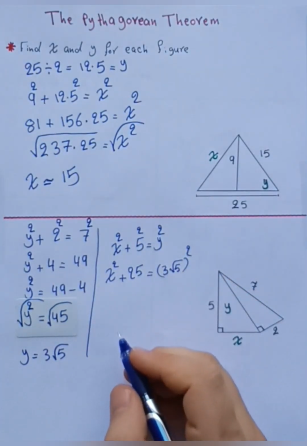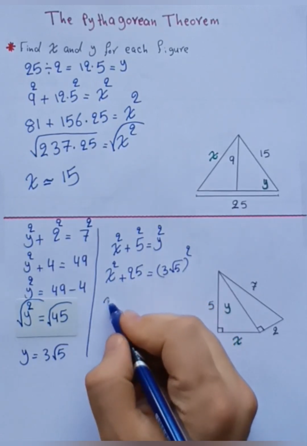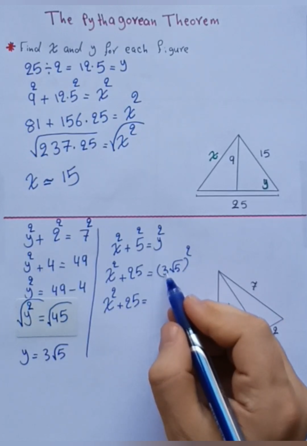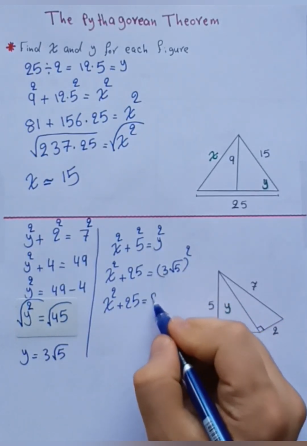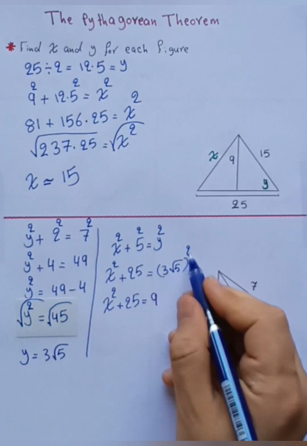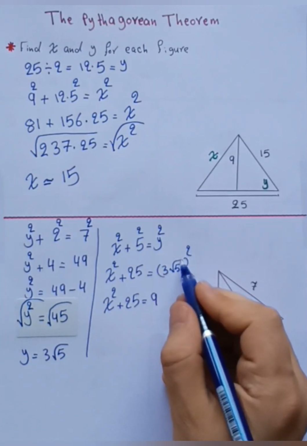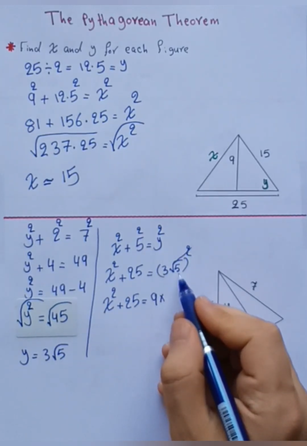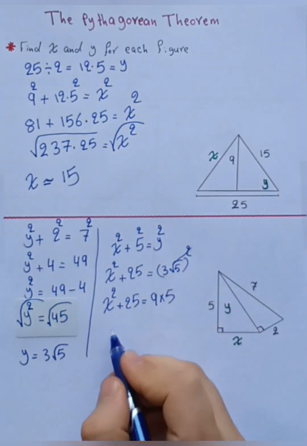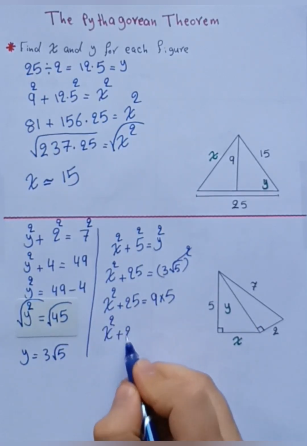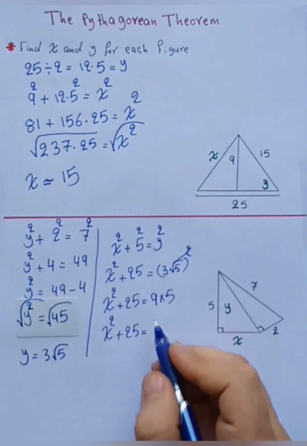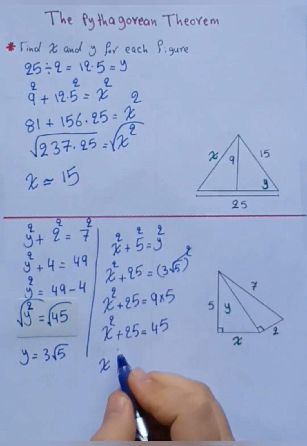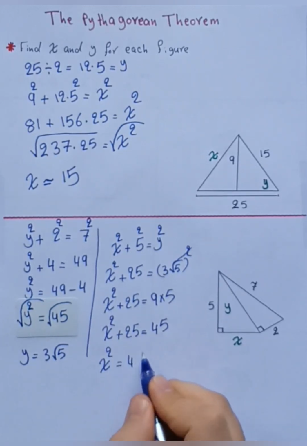X squared plus 5 times 5 equals 25, and y squared is 45. After that, x squared plus 25 equals 45, because when we have a square on a square root, these two cancel and only the numbers stay. Then x squared equals 45 minus 25.